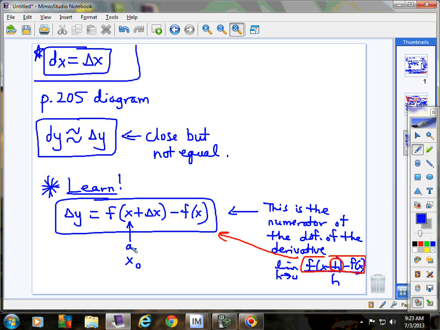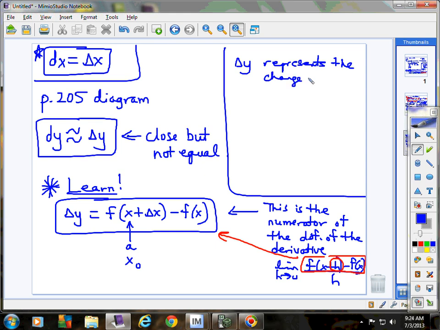Now, what delta y means in word form. Delta y represents the change in y that occurs as we begin at x and travel along the curve.